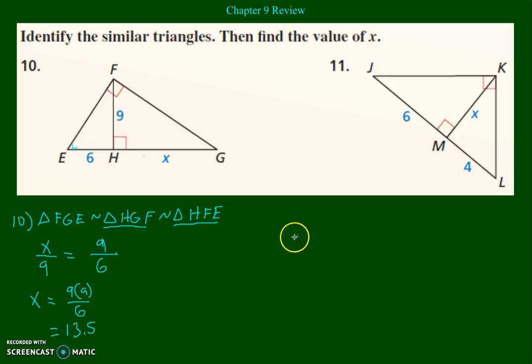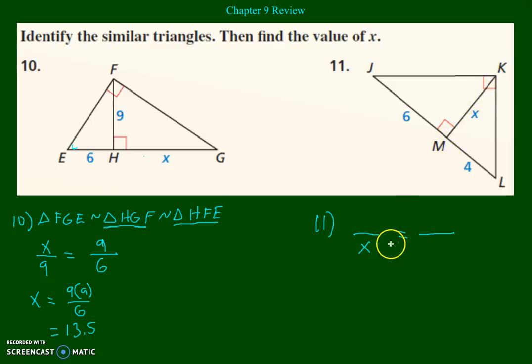So now let's work problem 11, but this time we'll just go ahead and use the geometric mean altitude theorem. For 11, we know that it's a geometric mean problem, so we set up a proportion like we would for the geometric mean, and x is the geometric mean because x is the altitude.